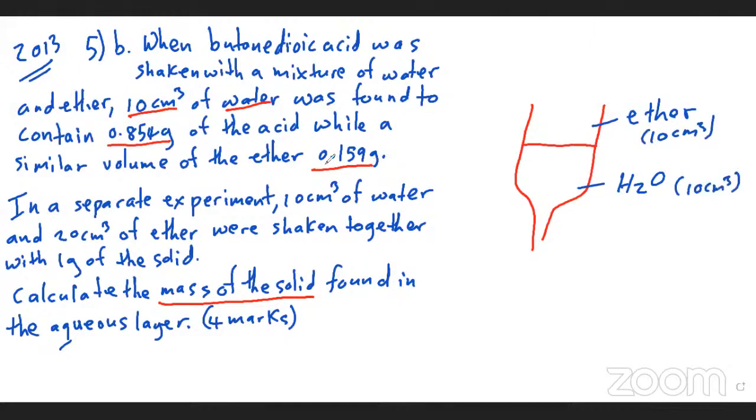In the water layer, you have 0.854 grams. And in the ether layer, you have 0.159 gram. So if you want the partition coefficient, you just work out the mass concentration.